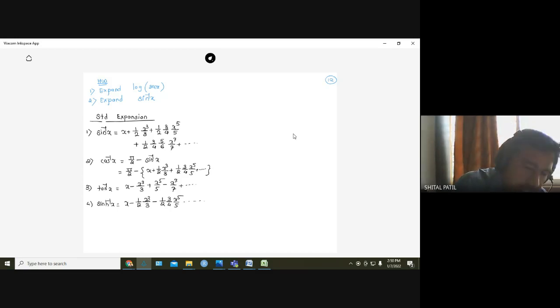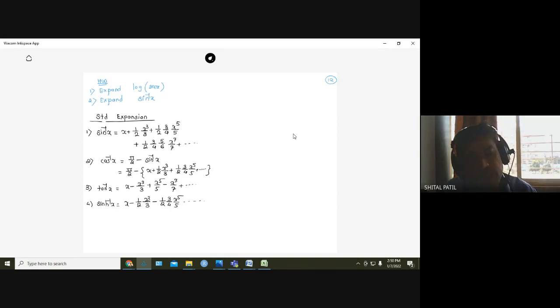There is no relation in the case of hyperbolic functions like the one that exists for cos inverse x and sin inverse x. This type of relation does not exist for sin hyperbolic inverse x and cos hyperbolic inverse x. Why?